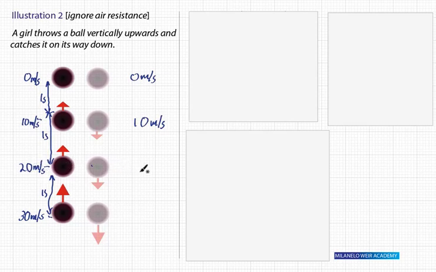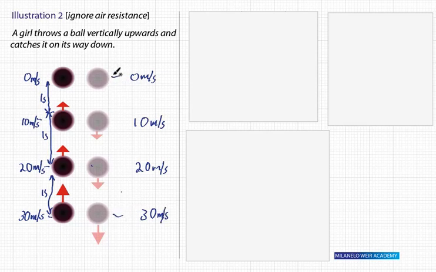Now the velocity is also 20 at the same point, but going down. Now, for this point, it was released at 30. It will arrive at that point at the same speed, 30 meters per second.